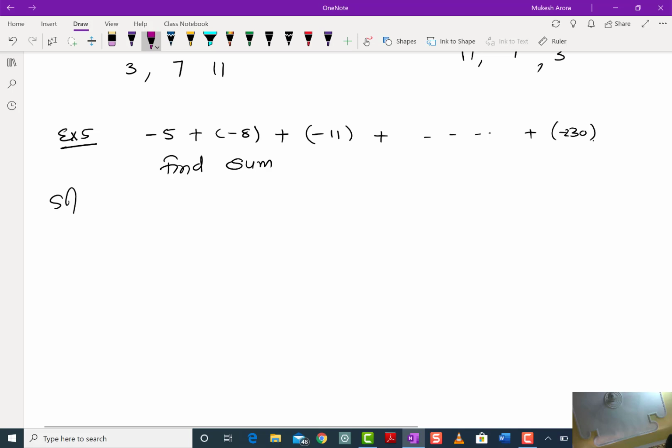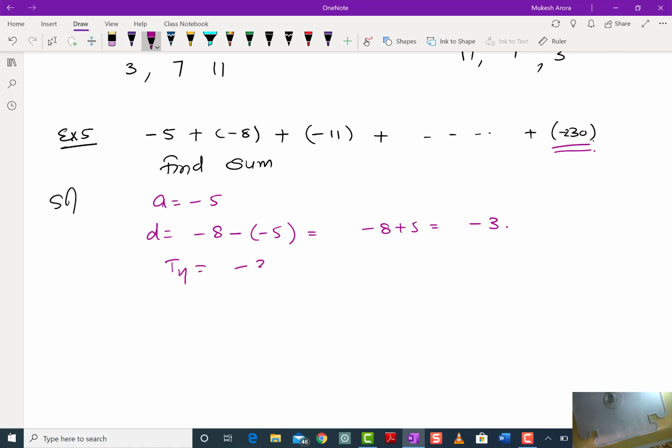So we have a is minus 5, d is minus 8 minus (minus 5). So minus 8 plus 5 is minus 3. And we don't have n. For n we will use this last term.